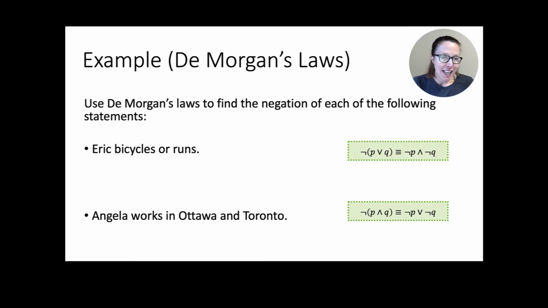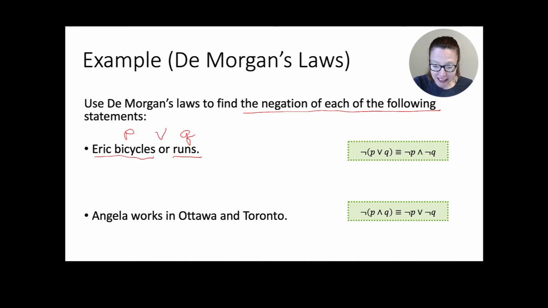Let's take a look at an example of De Morgan's laws applied to statements in plain English. We're going to try to find the negation of each of the following. We'll start off with a simple sentence: Eric bicycles or runs. We can break that down into Eric bicycles as one atomic proposition and Eric runs as a second proposition, and we see that's an or in the middle.